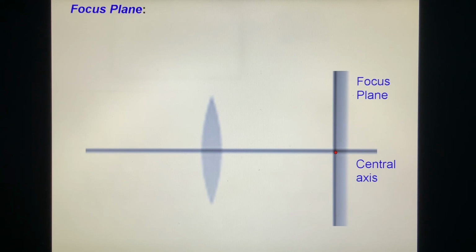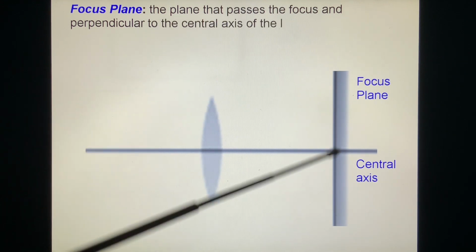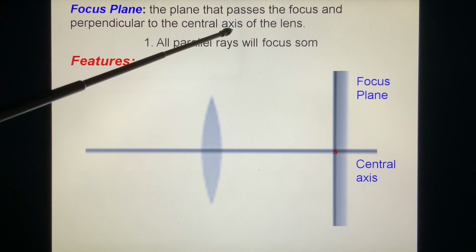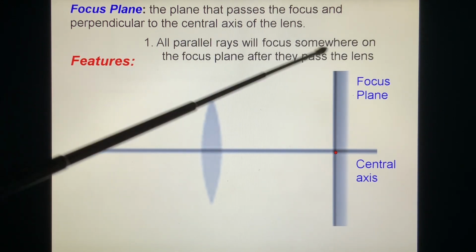Finally, we introduce the focal plane. The focal plane is the plane that passes through the focus and is perpendicular to the central axis of the lens. What property does it have? All parallel rays will focus somewhere on the focal plane after they pass the lens.